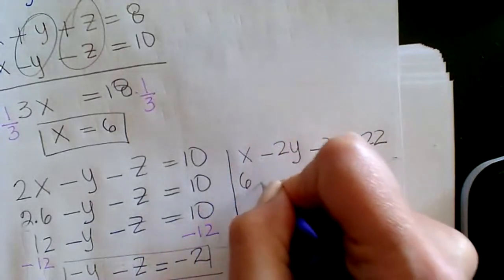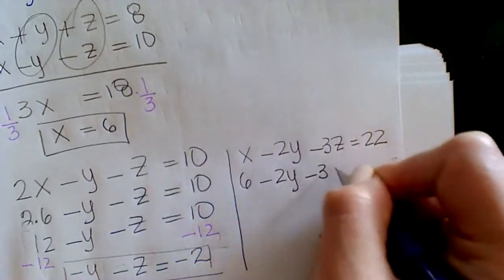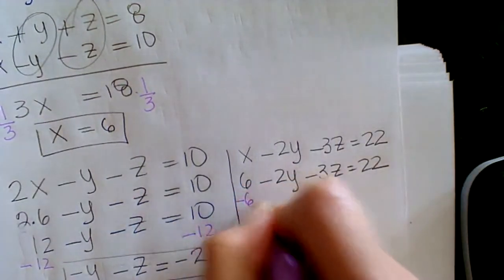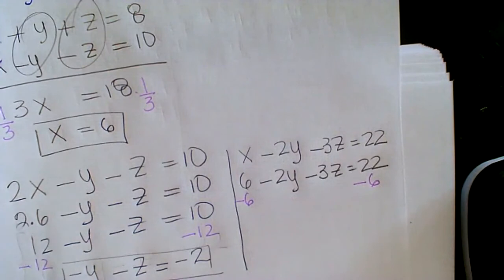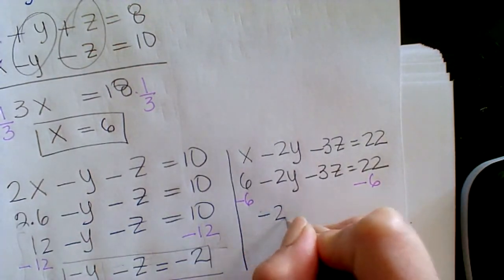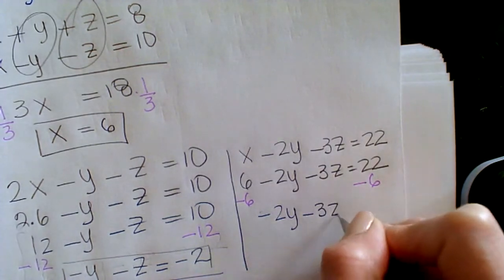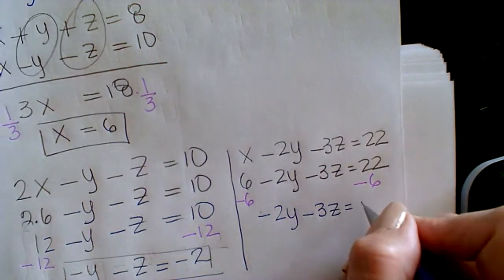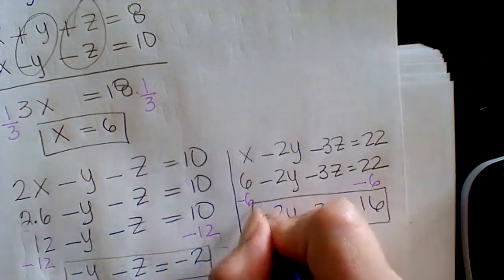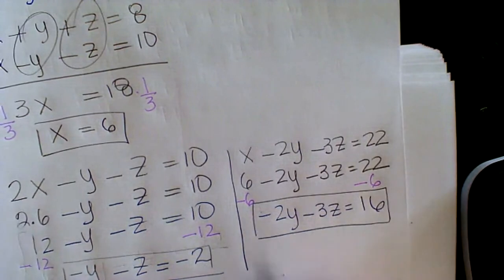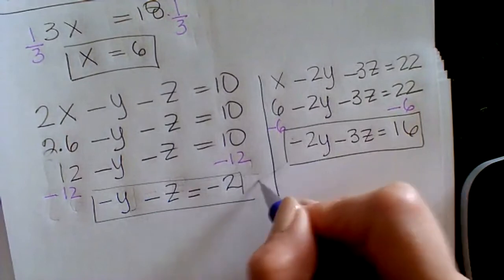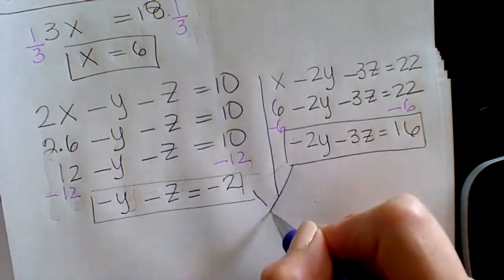So this is 6 minus 2y minus 3z equals 22. So let's make a 0. And what do we have? We have negative 2y minus 3z. 22 minus 6 is 16. Here we go. Now we have these two equations that we can work with. All right. So let's write them down. These two, we're going to add them.